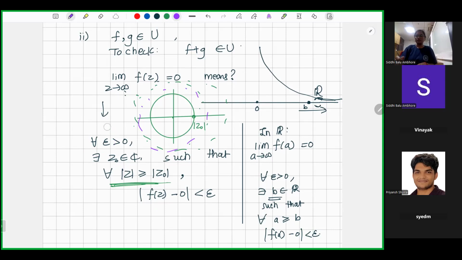So this z naught actually depends on epsilon, and we can always find such a z naught for a given function, because the limit of f is 0 as z goes to infinity. I hope you understood what it means for a function to approach 0 as z goes to infinity in complex numbers. I hope that was clear.